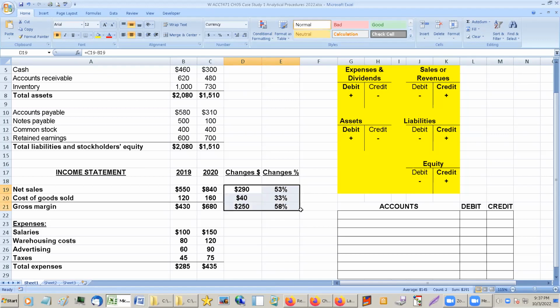And we can copy these down. Now, cost of goods sold didn't go up by the same amount. You'll notice the cost of goods sold went up by 33%. So a little more profitable here.